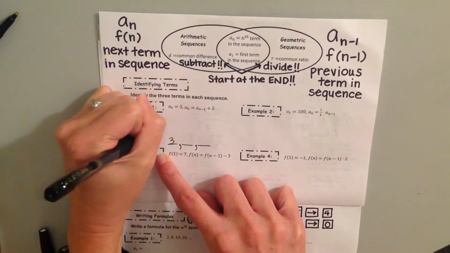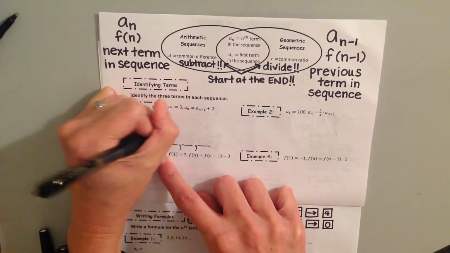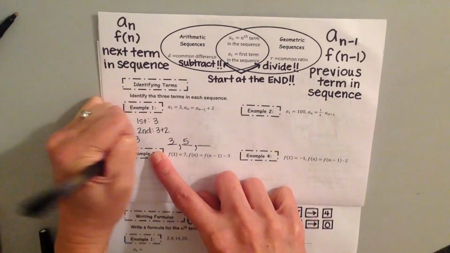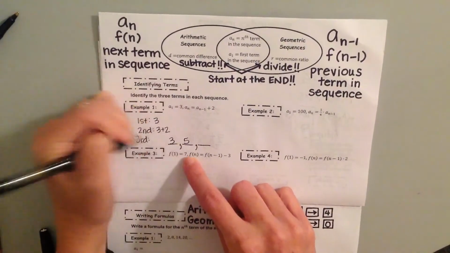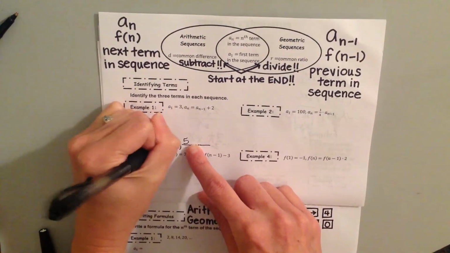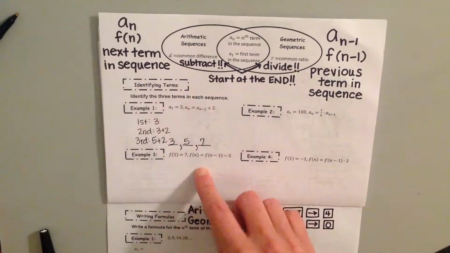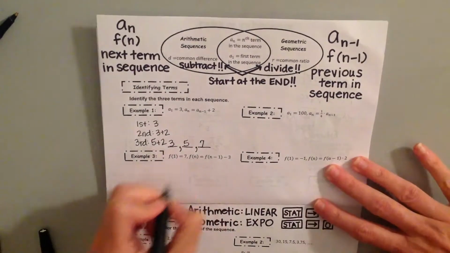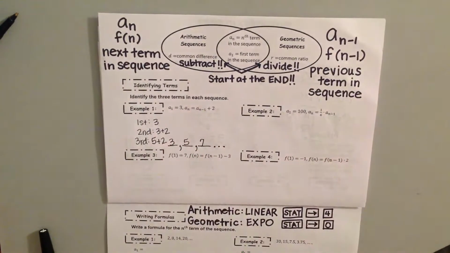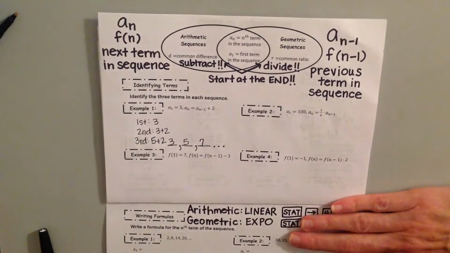So the second number is going to be 3 plus 2, which is 5. And the third number is going to be the number before it, which is 5, plus 2, which is 7. So our sequence starts off 3, 5, 7, and that pattern would continue until infinity.